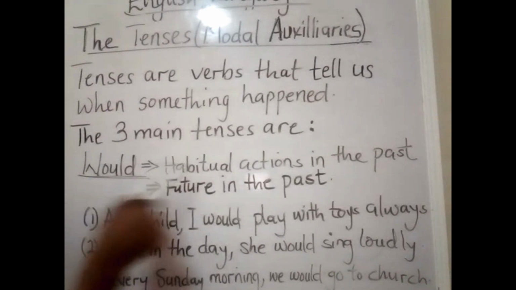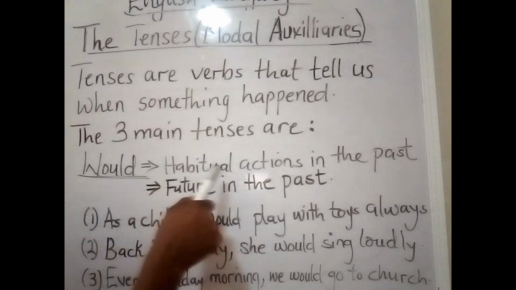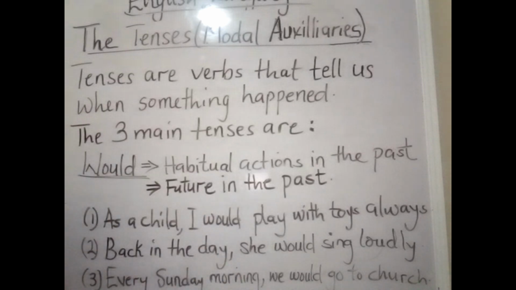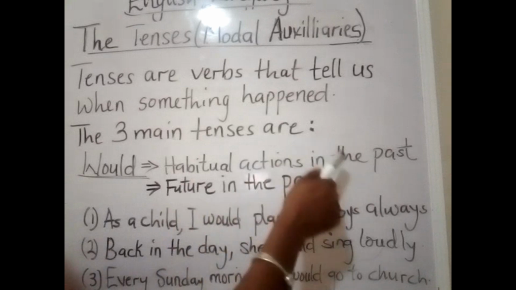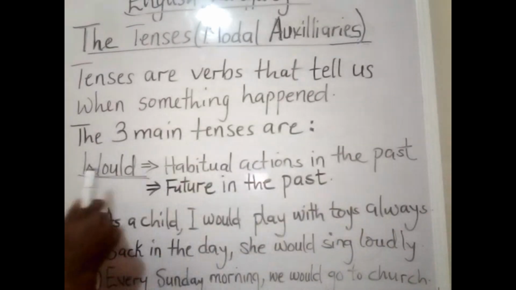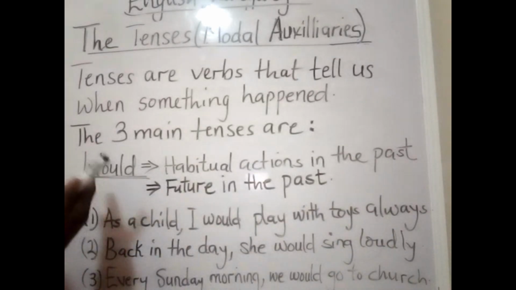First, it shows habitual actions in the past, things that were happening like a habit. They were like routines in the past, things that were constantly done in the past. They are often indicated by the use of would.